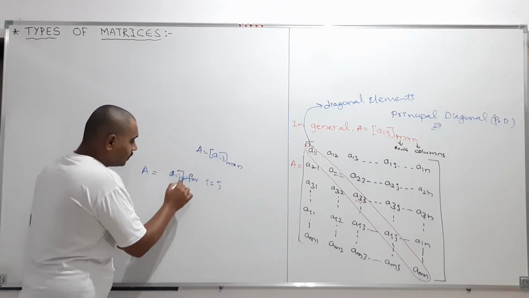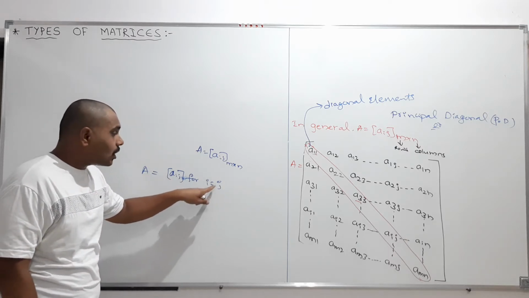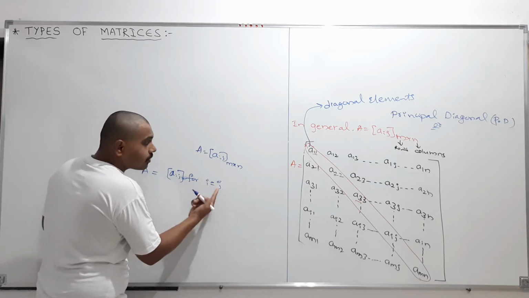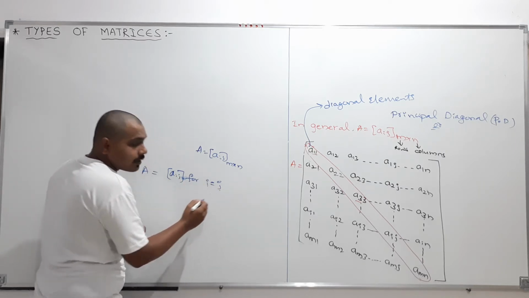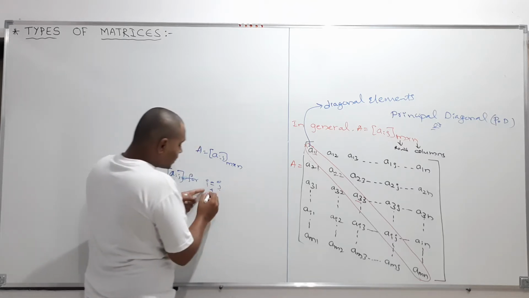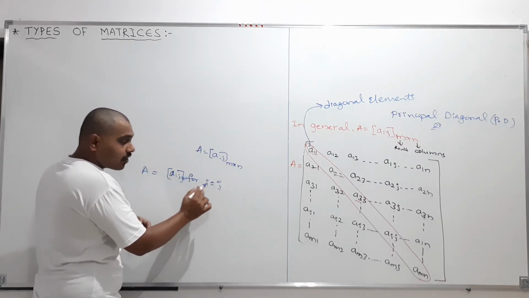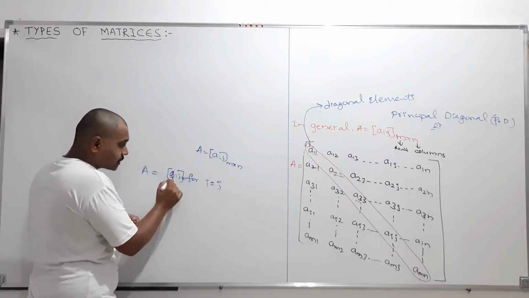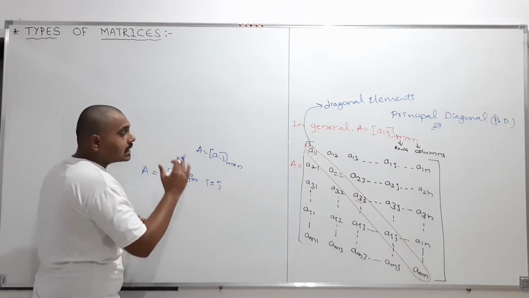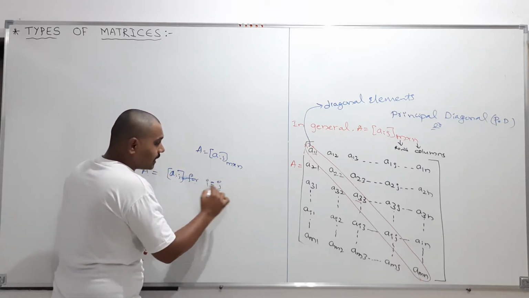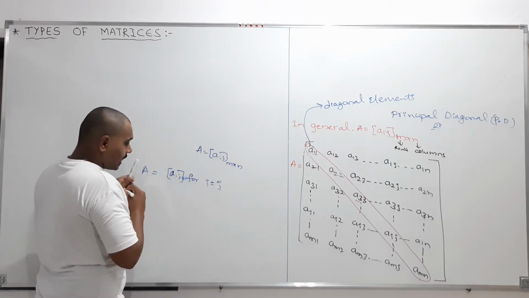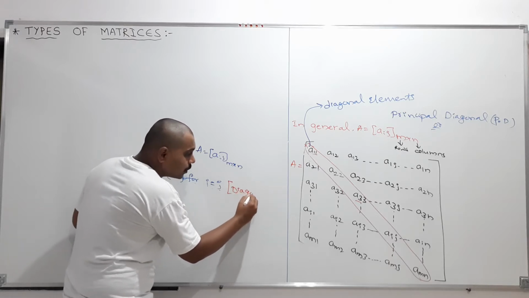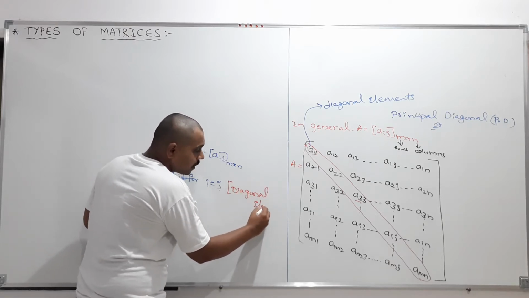Aij for i equals to j means the row and column values must be the same, so i and j values must be equal. Such elements, Aij for i equals to j, are nothing but the diagonal elements. What does this indicate? It indicates diagonal elements. Why is it so?